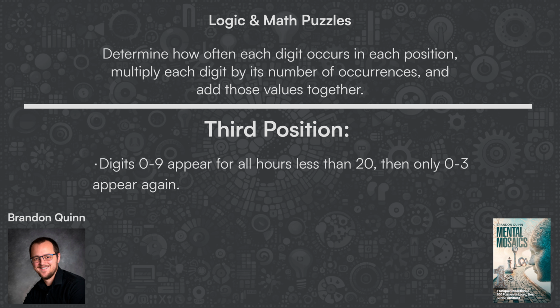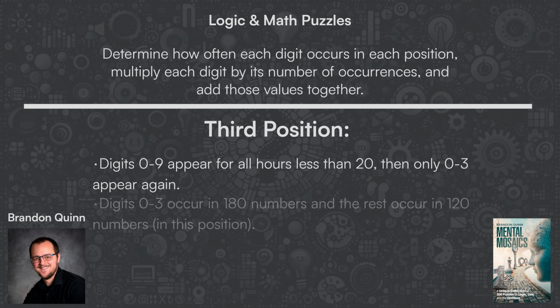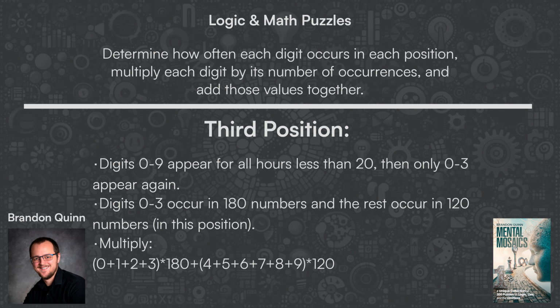And then, of course, at the beginning of the day, it'll be 0 again for a total of 180 minutes throughout the day. So digits 0 through 3 occur in 180 numbers, and the rest of them occur in only 120 numbers. Multiplying this out, we see that the sum from 0 through 3 times 180 plus the sum of 4 through 9 times 120 equals 5,760.